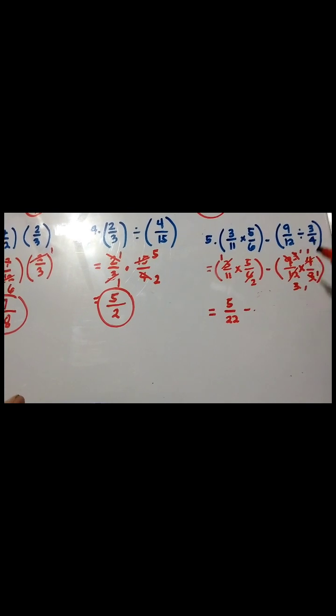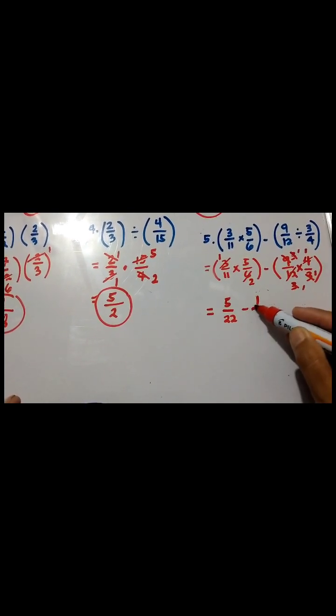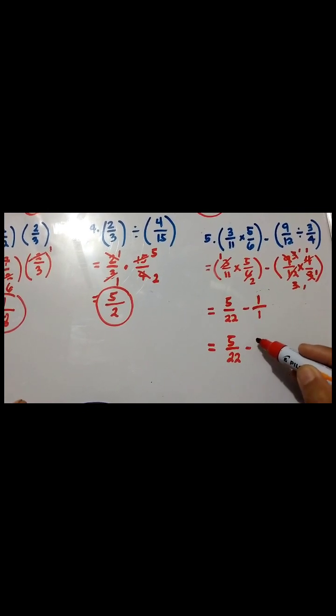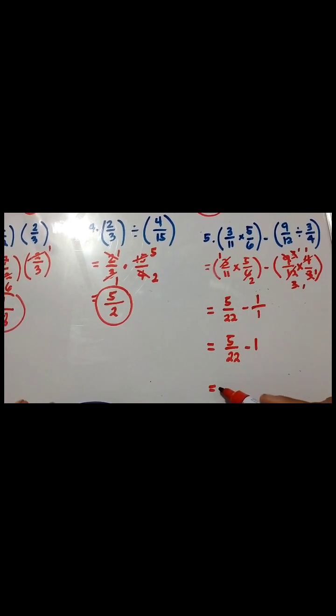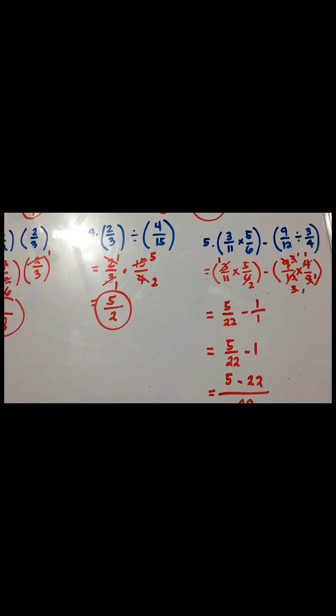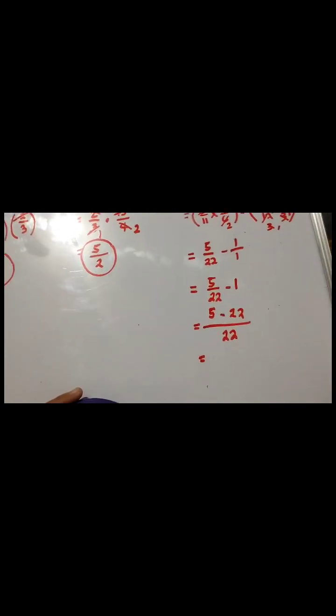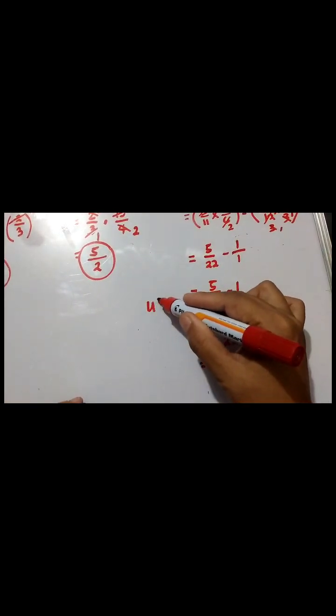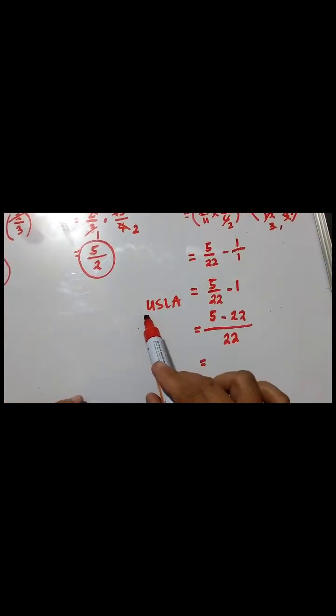Okay, 1 times 1 equals 1. 1 times 1 equals 1. So that will be 5 over 22 minus 1. Or simply, that is equal to 5/22 minus 22/22. Unlike signs, subtract.